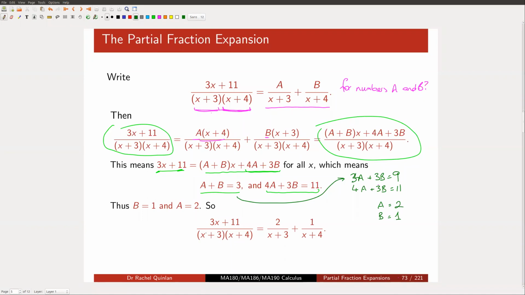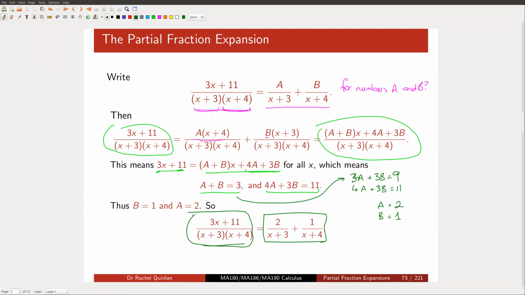So the expression that we started with, we can write as 2 over x plus 3 plus 1 over x plus 4. We already knew that because we started by going the other direction, but if we didn't already know it, we would have been able to figure it out using this approach. And that's a partial fraction expansion. Applying a partial fraction expansion to this rational function, 3x plus 11 over x plus 3 times x plus 4, means exactly that, splitting it up.